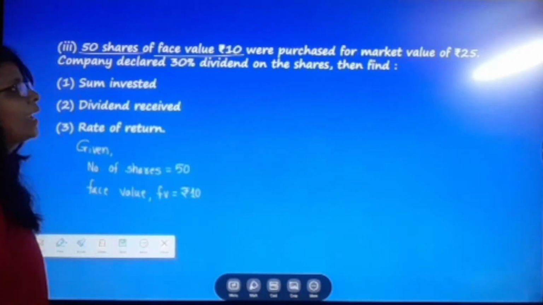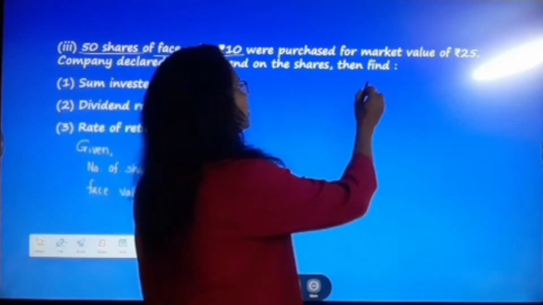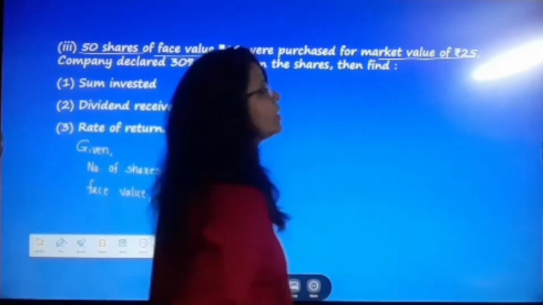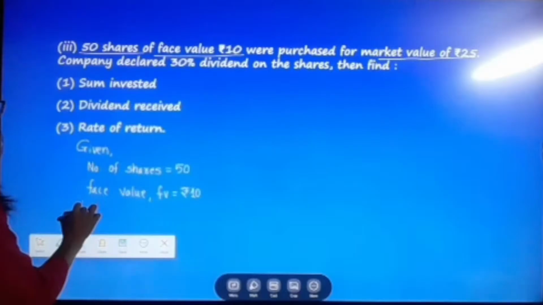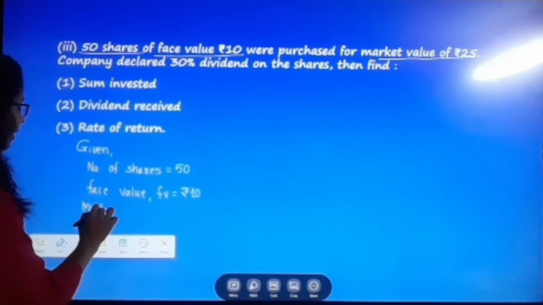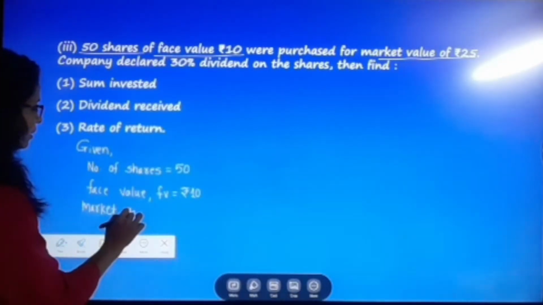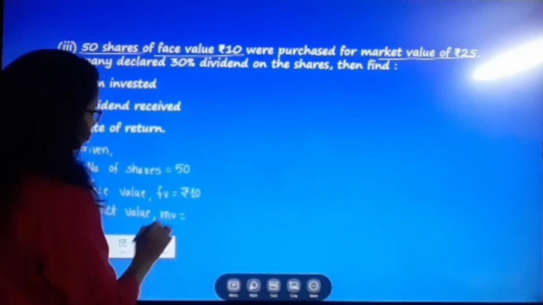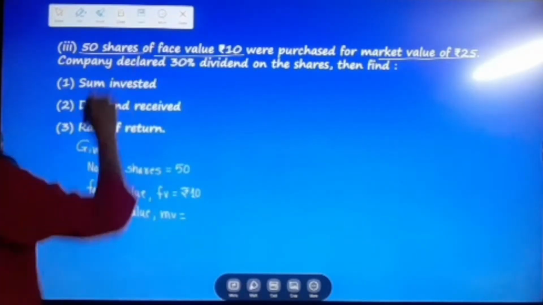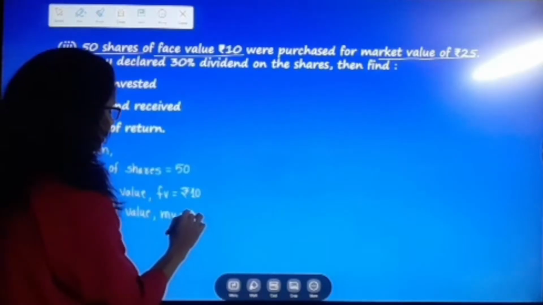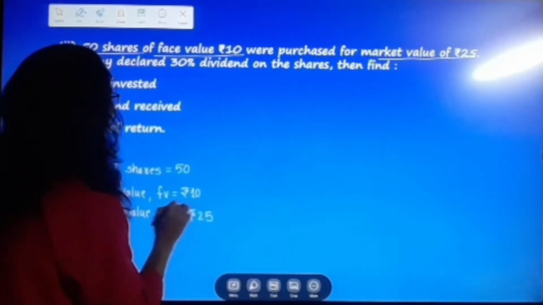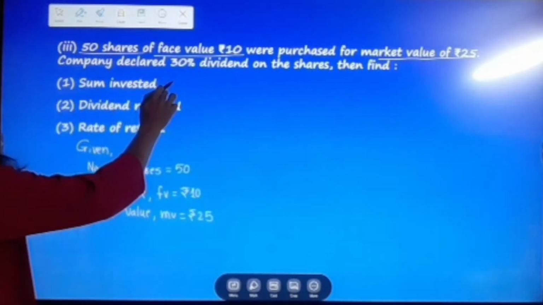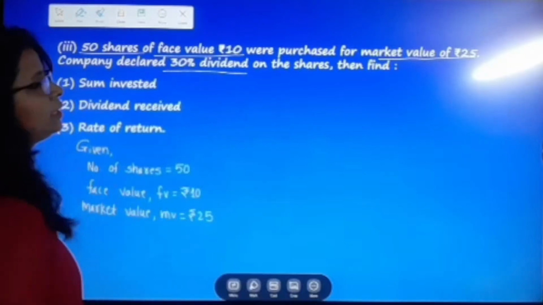Okay student, and then purchased for market value, so here market value MV is equal to rupees 25. Okay, and the company declared 30% dividend.